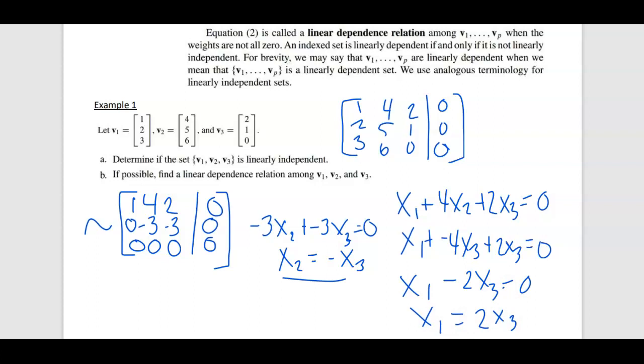So these are both dependent. x1 and x2 are both dependent on x3, and so these are not going to be linearly independent solutions because I have two pieces that are dependent on x3 here.